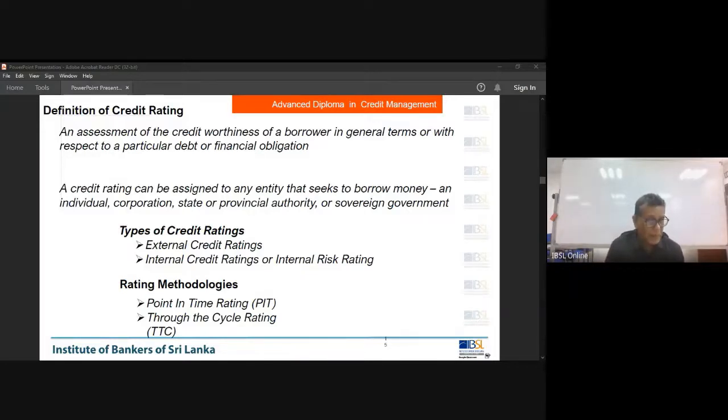Then again, according to Moody's assessment, we are facing a little bit of difficulty in settling all these loans, and they are not happy with the plan the government has taken.